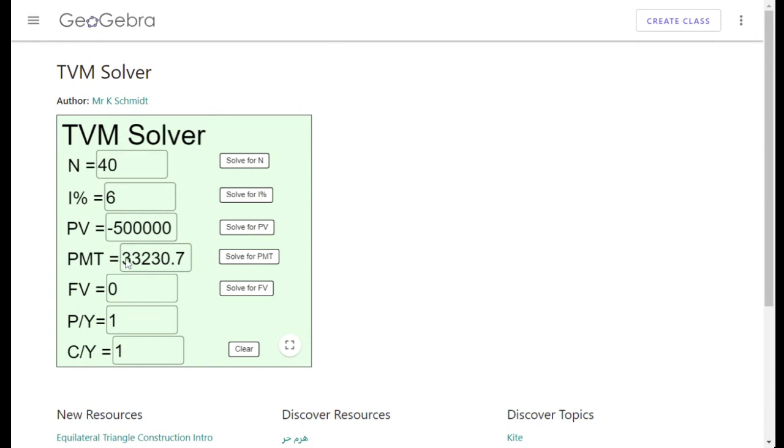Notice here it's positive, and that's good because remember, money is coming to us. It's a cash inflow. It's positive, meaning it's coming to us directly. Let's say without thinking I made PV positive. What would happen then? It would just be negative. That's the only difference.